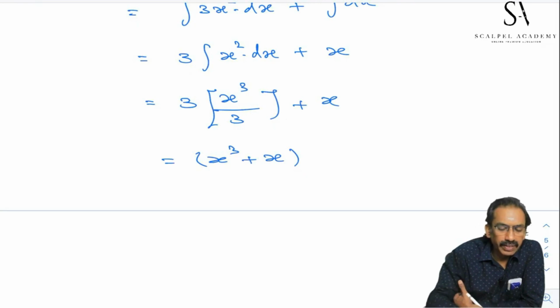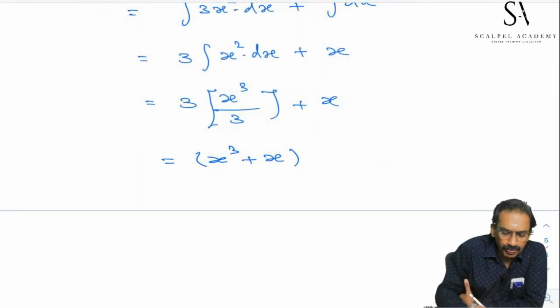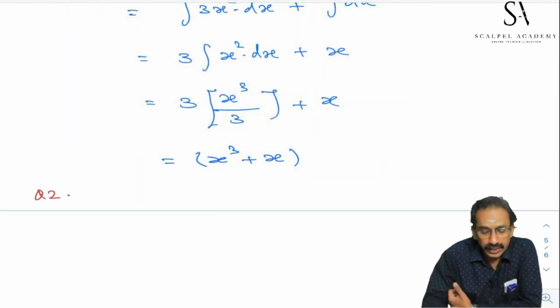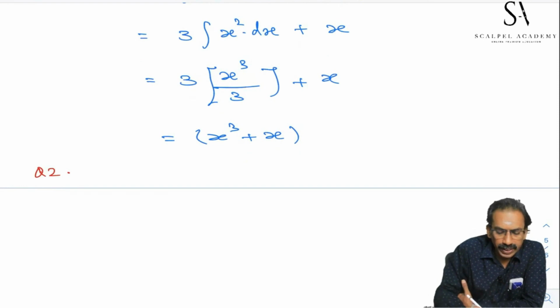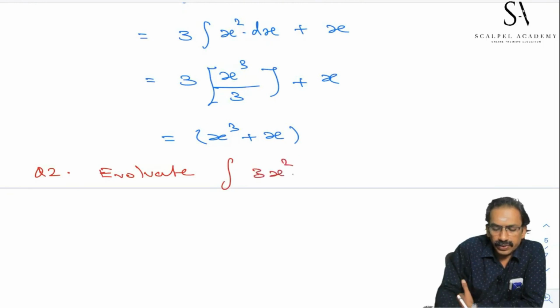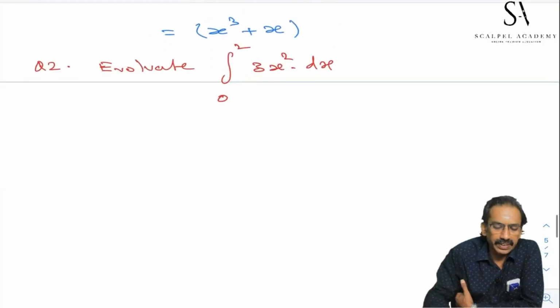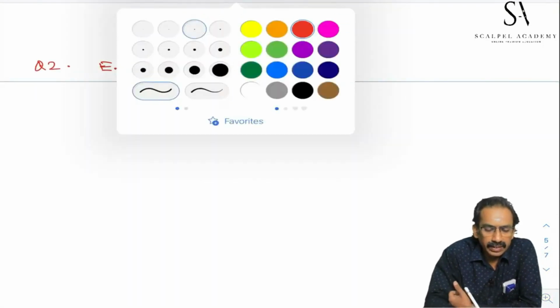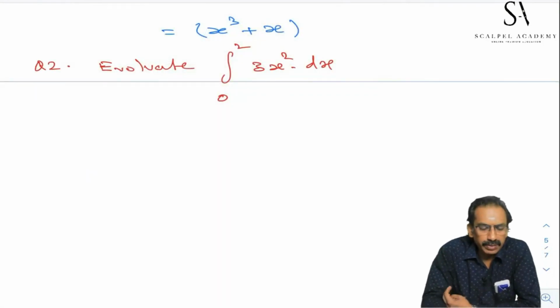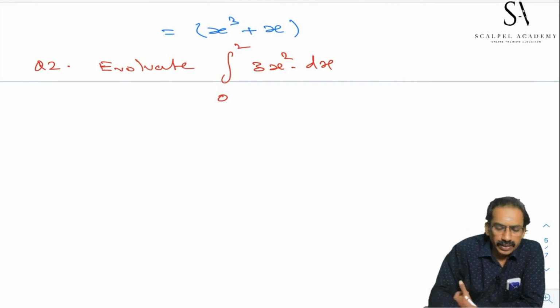Suppose we learn the next problem. Let us go to the second one. Evaluate integral 3x square dx from the limit 0 to 2. Limit is given, lower limit 0, upper limit 2. Integrate x square.